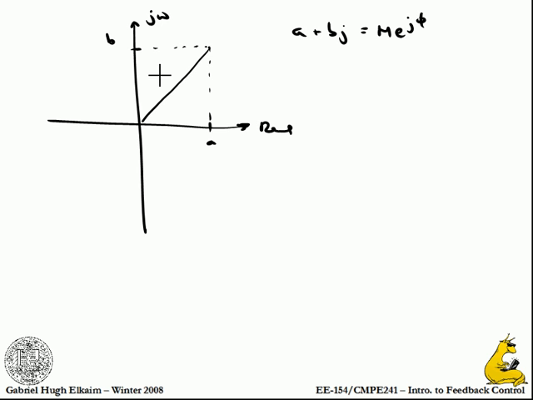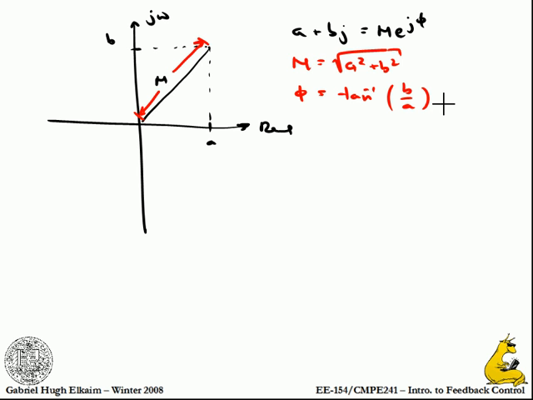So M is this length, the square root of a squared plus b squared, and phi is the arctangent of b over a. Hopefully this is not a mystery to any of you.